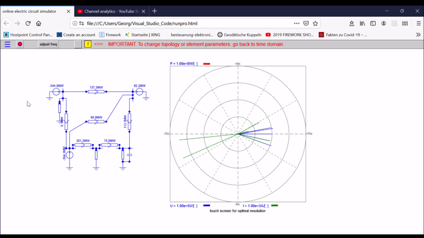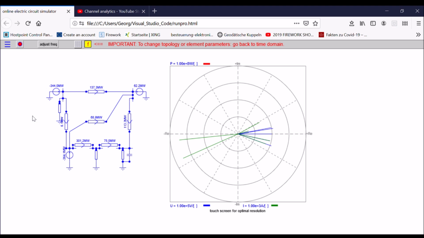Since I know the currents, the voltages and the phase angles at all the buses, I also know the power. So for each and every voltage and current, I know all the powers in the whole system. The only thing I am missing now is a possibility to go the other way around.